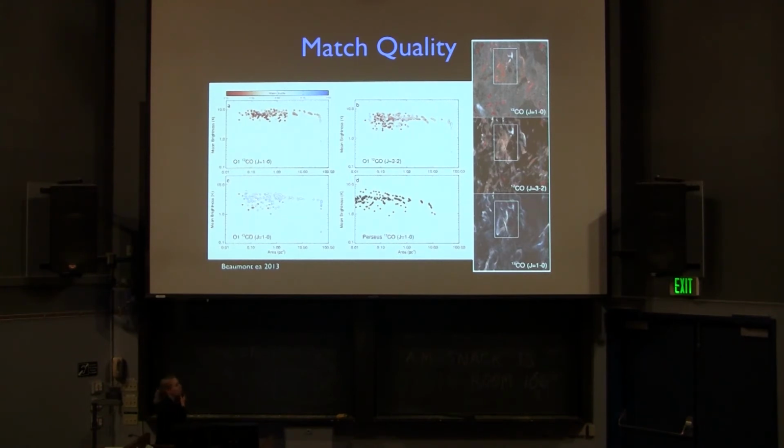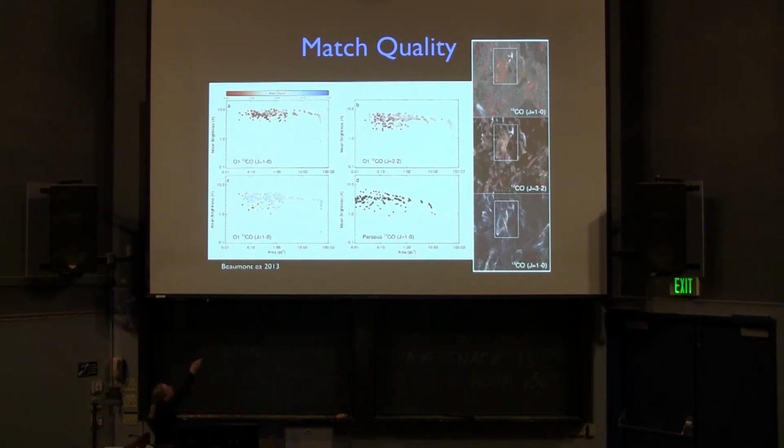So here's what it looks like. Here's the mean brightness as a function of the area, or the effective size. And here's in 12CO, 12CO 3-2, 13CO 1-0, and this is Perseus. What's being shown is, for each of these different clumps that have been identified in the data cube, we plot the match quality, so how well it corresponds to a feature in the 3D density space.